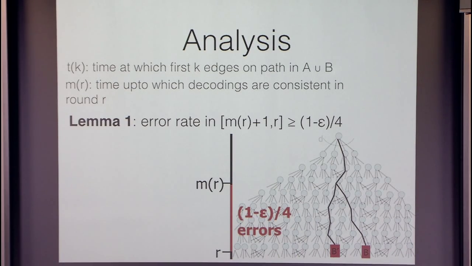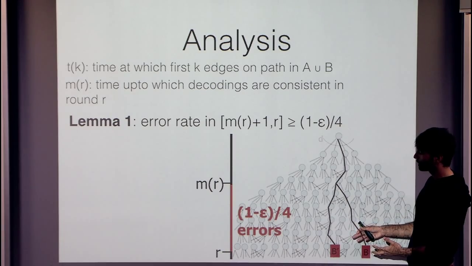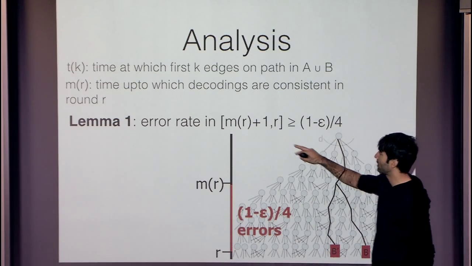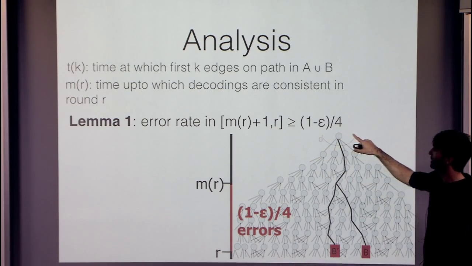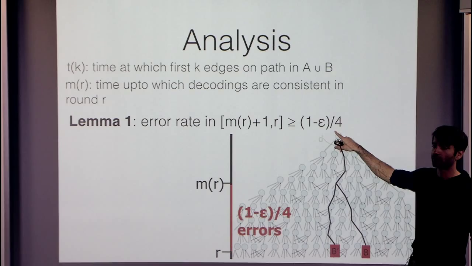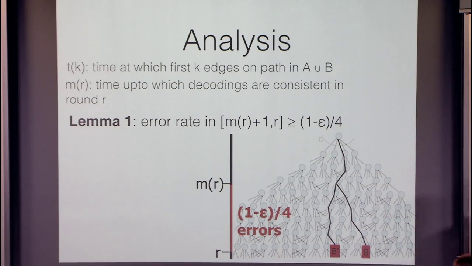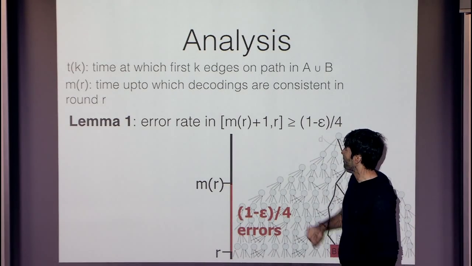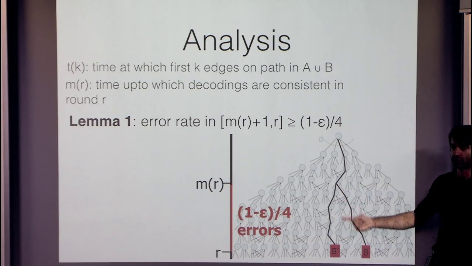So here's the first lemma that's useful for this. And this lemma just follows from the property of tree codes. The lemma says that the fraction of errors in any round r, the fraction of errors in the interval m_r plus 1 to r, must be at least (1 minus epsilon) over 4. This just follows from the tree code property, because the interval r to m_r plus 1 corresponds to exactly this part in the tree code.